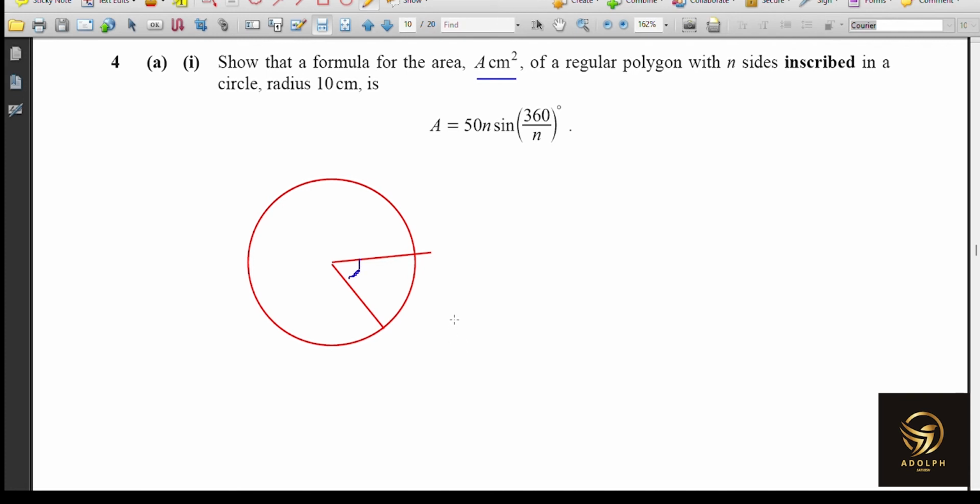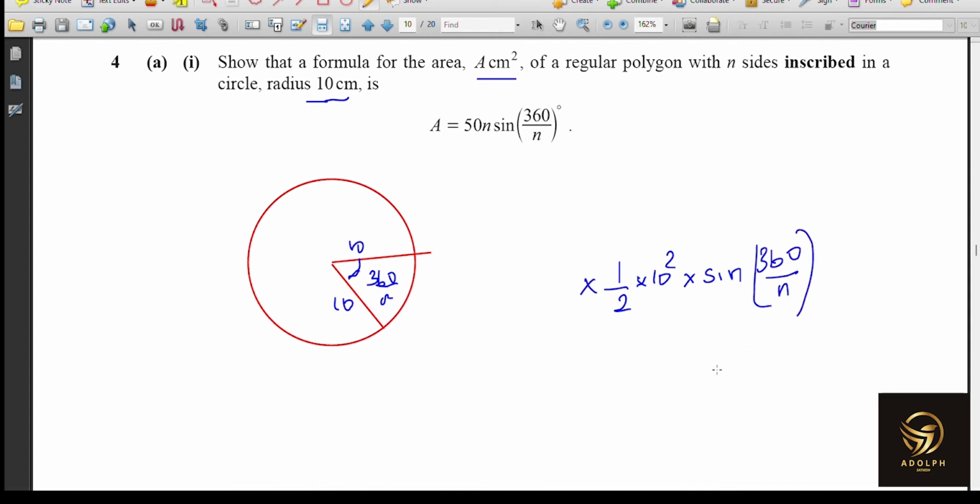So this angle, since there are n sides, is going to be 360 divided by n, and the radius they mentioned is 10 centimeter, so 10, 10. Area of triangle is half AB sine C, so half AB, it's 10 into 10, 10 square, into sine C. So sine C value here is 360 divided by n. Since it's an angle, I'm just writing it in brackets.